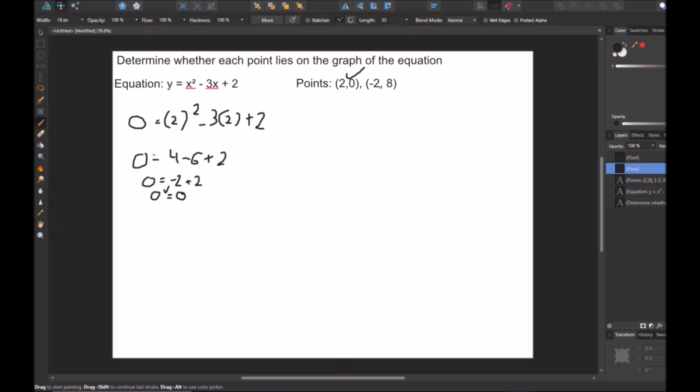Now we get to (-2, 8). So we plug in 8 for y, and negative 2 every time we see x. So negative 2 squared minus 3 times negative 2, and then plus 2.